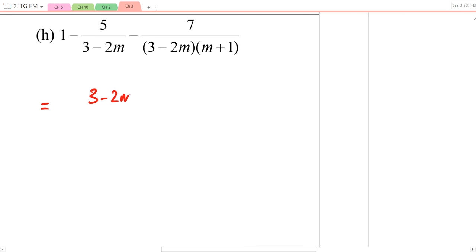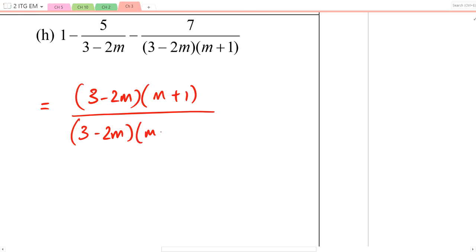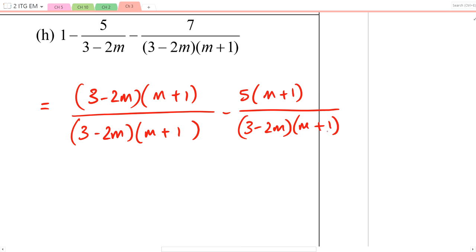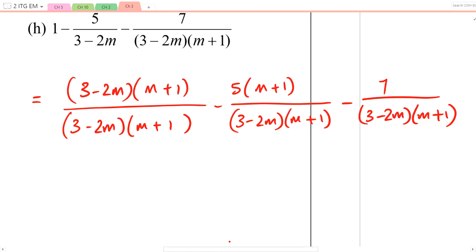3 minus 2m, m plus 1. Okay, first step. All okay? Nothing very difficult, huh?